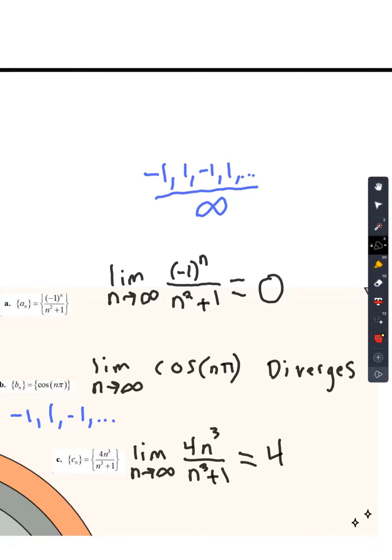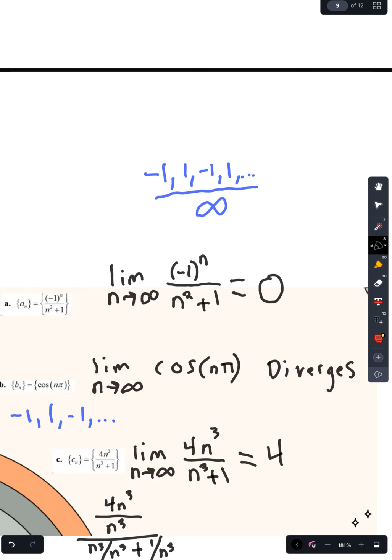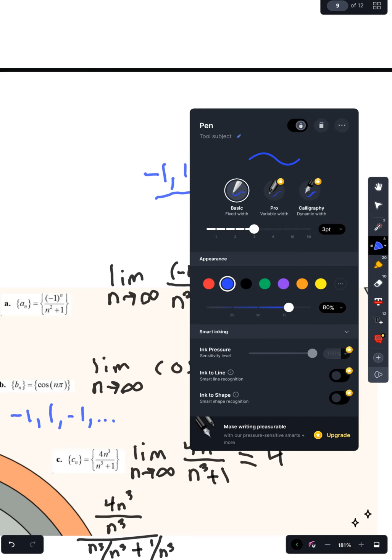Remember, the more algebraic way to do that is we divide the top and the bottom by the largest variable exponent on the bottom.